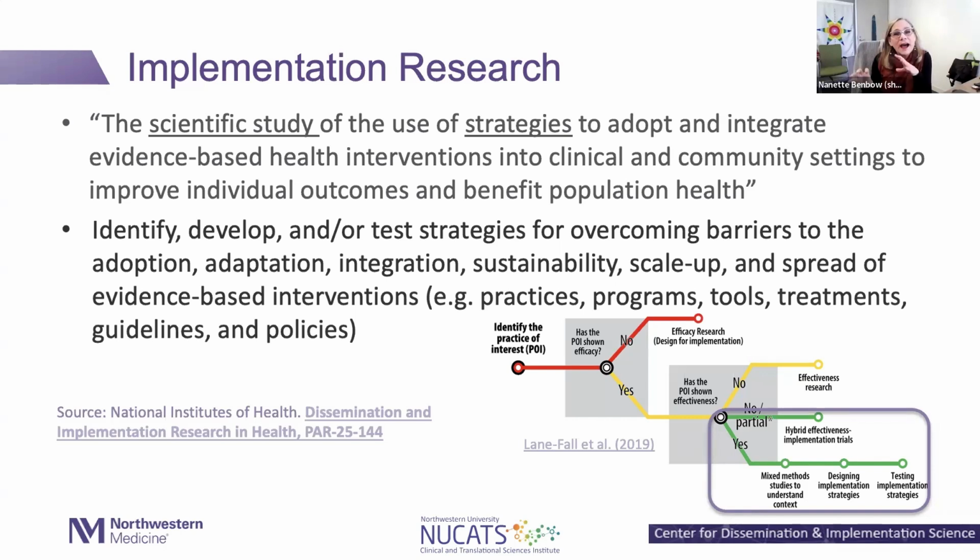So on our highway, we are now in the, has the EBI shown effectiveness? For the most part, yes. And we are now kind of in these green lines and are going to talk about how to think about this and how to study this. Next.